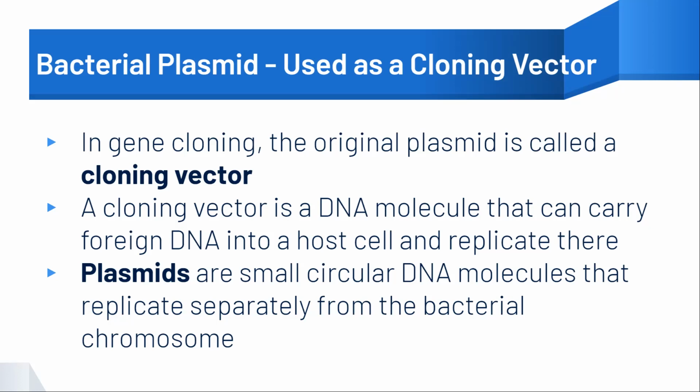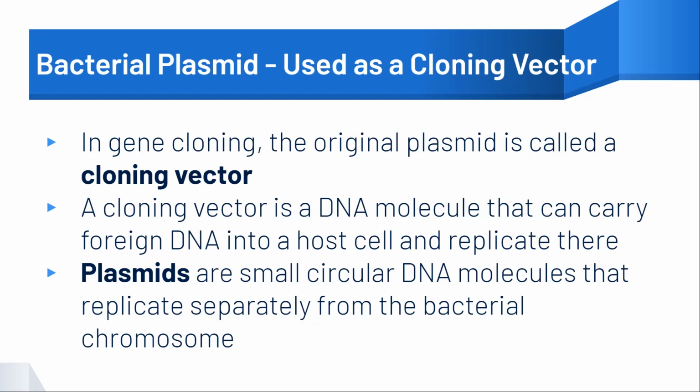In bacteria, they have, as we know, one circular piece of DNA as their normal DNA. But some bacteria will also have extra pieces of DNA, small circular pieces of DNA, and those are called plasmids. And so those small plasmids are what we use as those transfer vesicles.